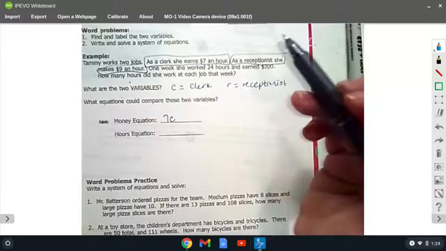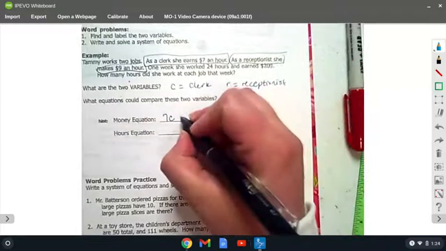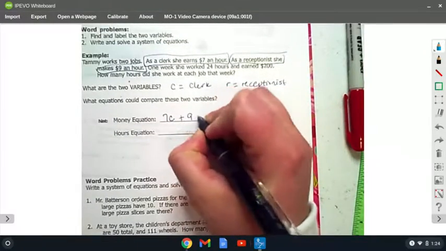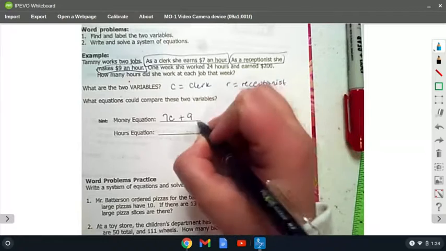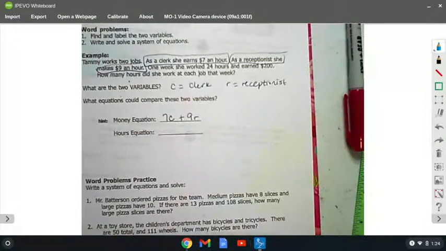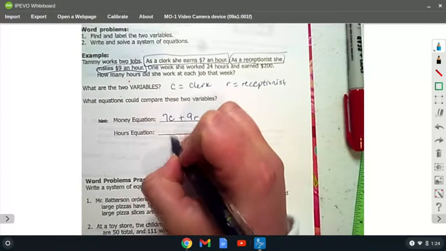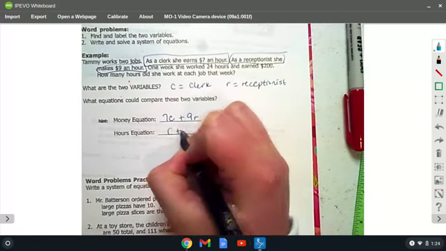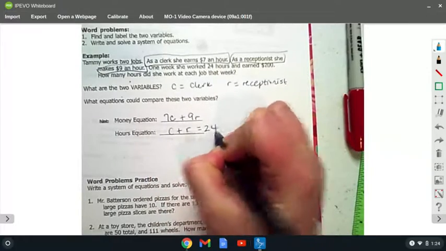As a receptionist, she makes $9 an hour, so plus 9R as a receptionist. In one week she works 24 hours and she earns 200. So if she works 24 hours, her C and her R together are 24.